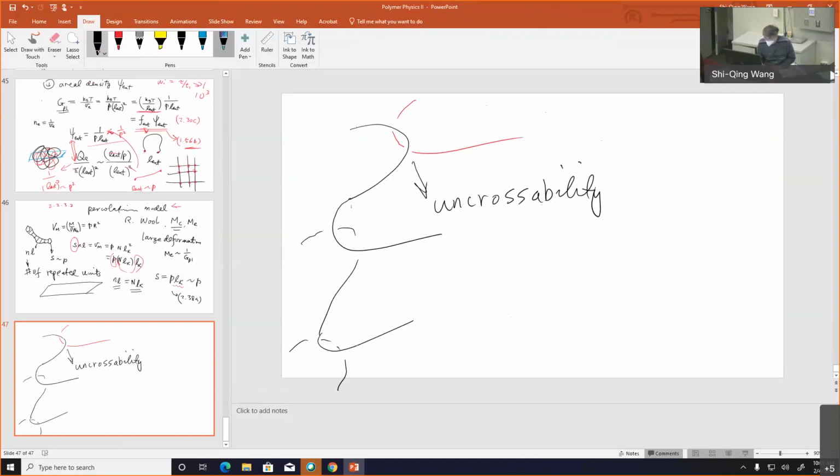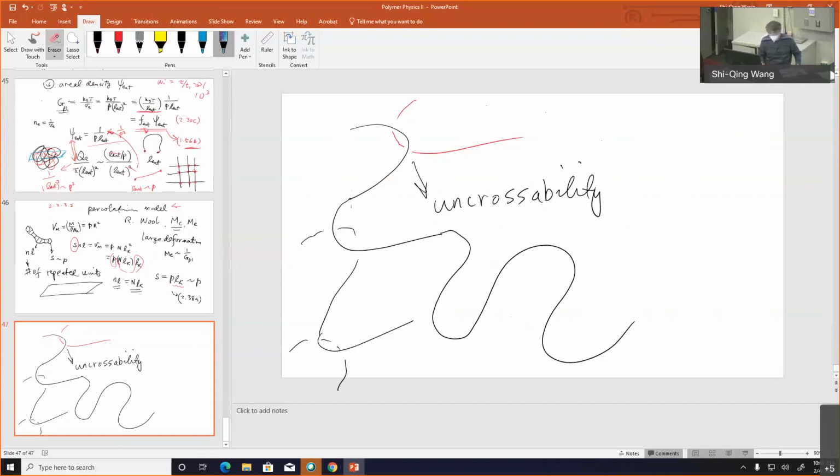That's another way to think about entanglement and the network of it. When the chains are so long, they cannot avoid inserting into each other and constraining each other. And you see, this chain goes on here. This form of network would not be there if it's not long enough.